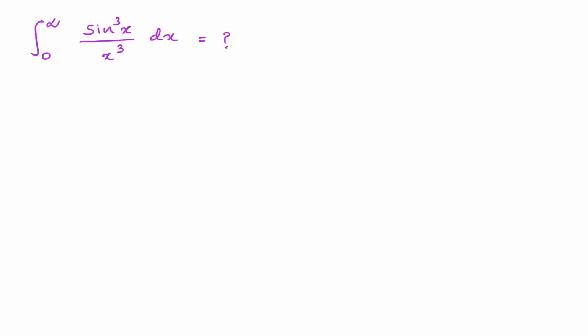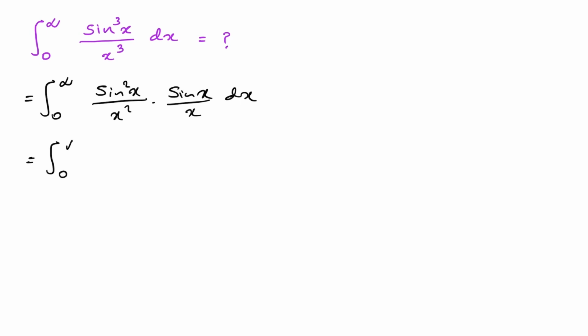Well, first I'm going to rearrange sine cubed of x over x cubed like sine squared of x over x squared times sine of x over x dx. Then the integral from 0 to infinity of sine squared of x over x squared, then here sine of x over x.